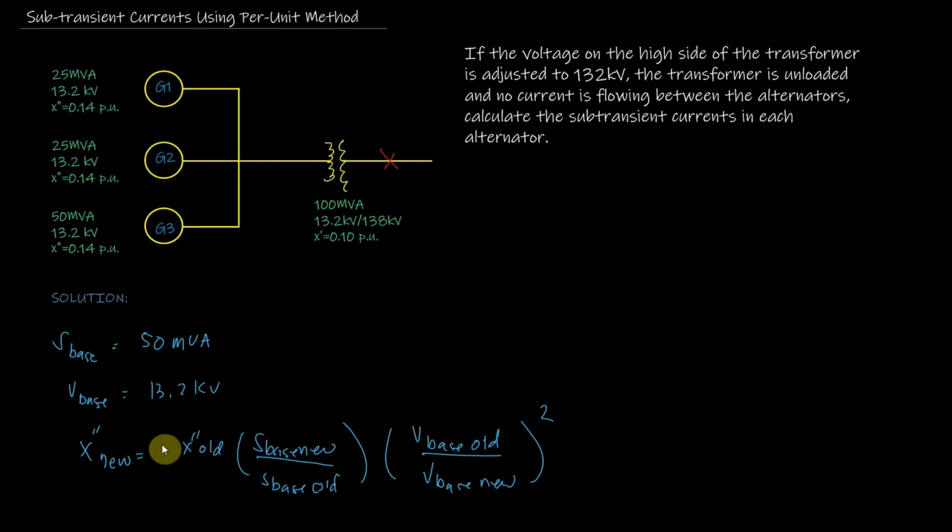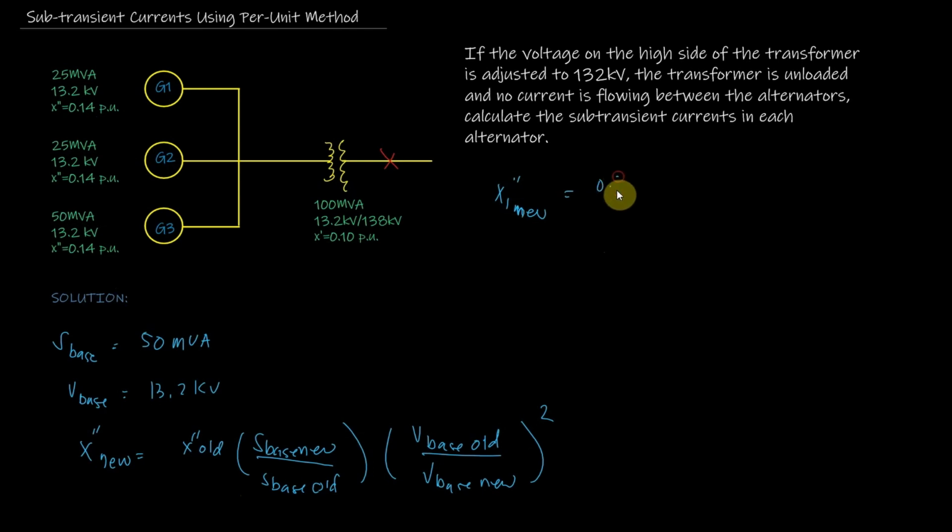So ang mangyayari dyan is isa-substitute natin. So kung para dito sa generator 1 and 2, let's say x1 sub-transient new is equal to yung old natin is yung given. So pag sinabing old, ayun din yung given. Okay?